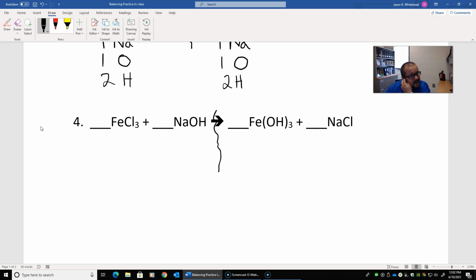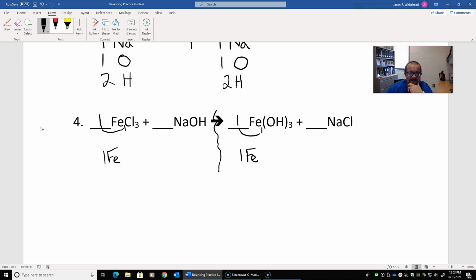And let's begin this by balancing our irons. It only shows up in 2 places, and I'm going to put a 1 on the left. That gives me 1 times 1, or 1 iron on this side. Here also, if I put a 1, 1 times 1 gives me that same 1 iron.